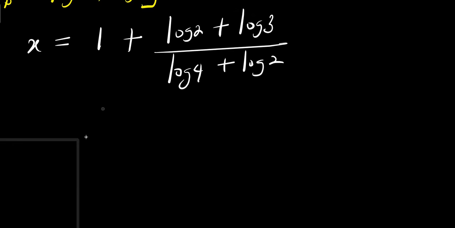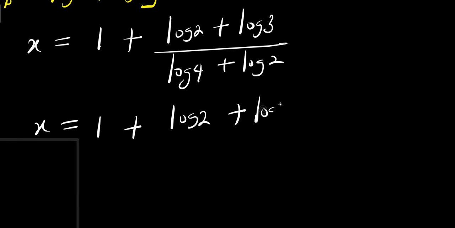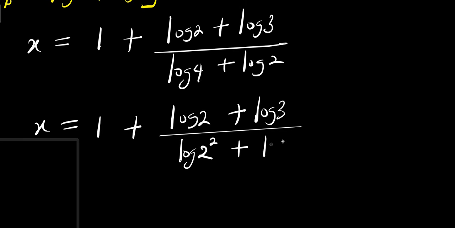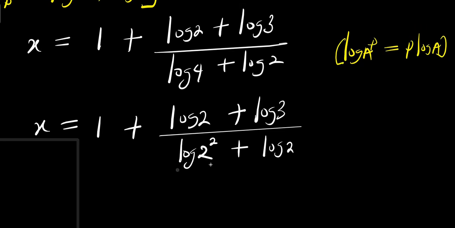So from here, I'll have x equals 1 plus log 2 plus log 3 divided by log 4 plus log 2. 4 is 2 to the power of 2. And remember, log a power b equals b times log a. We apply that here.